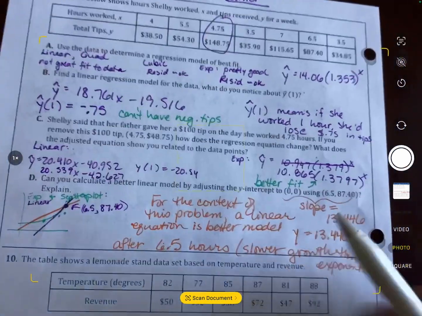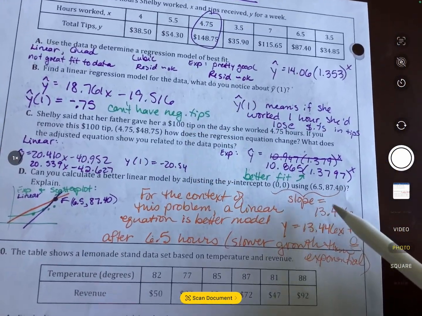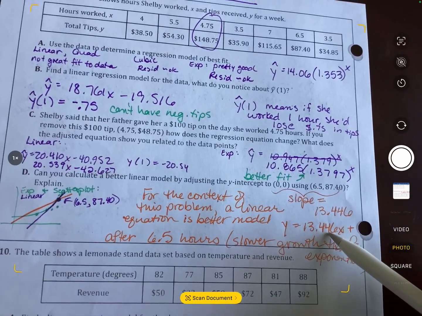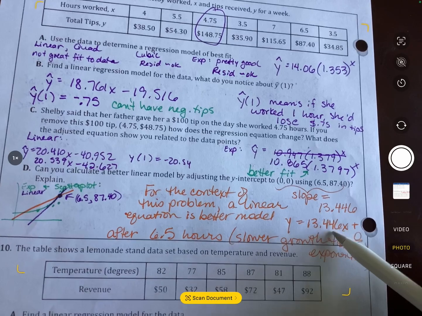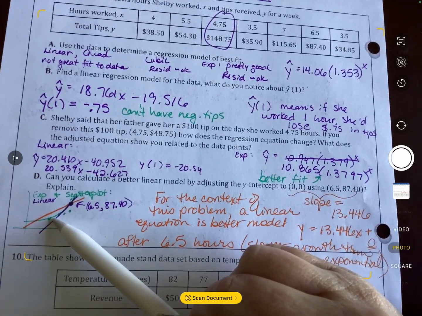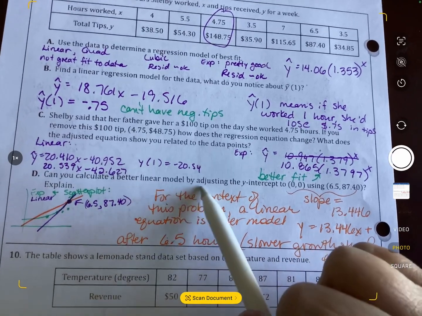So I actually did y2 minus y1 over x2 minus x1, and you get this linear regression in orange, looking at my graph.